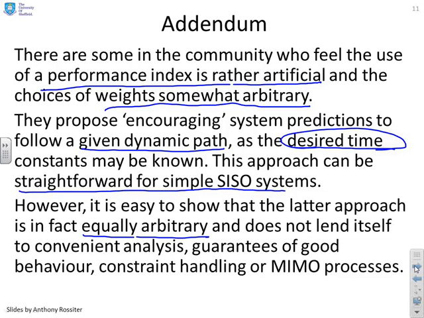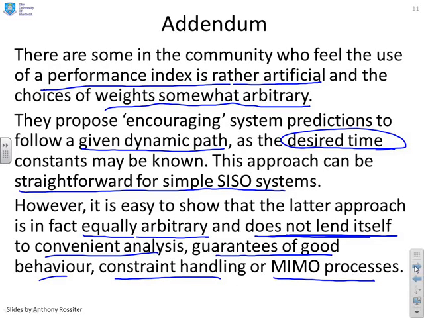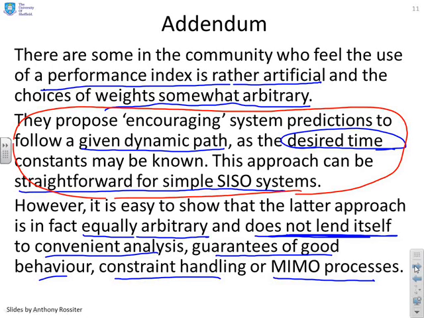And so this latter approach does not lend itself, and that's the key thing, to convenient analysis, guarantees of good behavior, constraint handling, or MIMO processes. So what we've got is the intuitive argument is useful for simple SISO systems, but doesn't necessarily extend easily to more complicated systems, and that's why the community at large tends to have stayed with the use of performance indices.